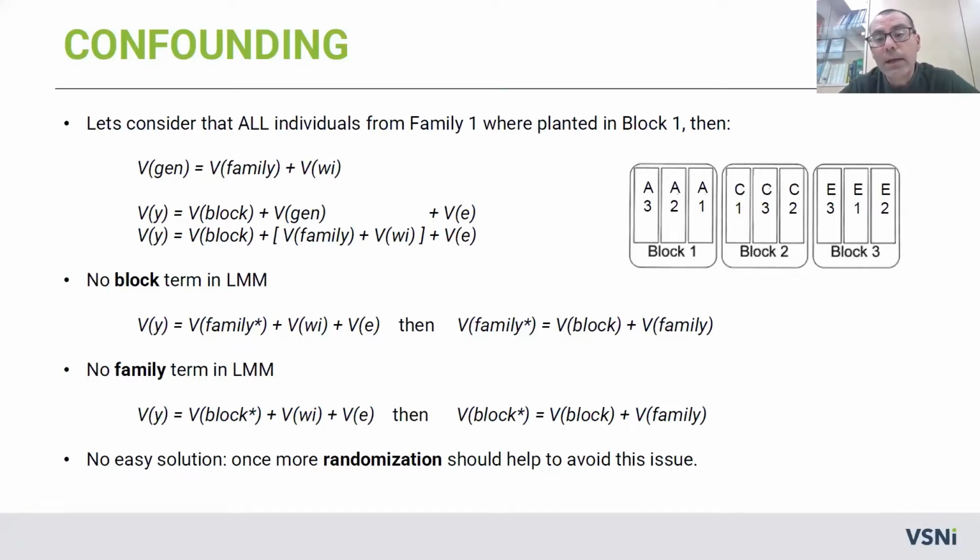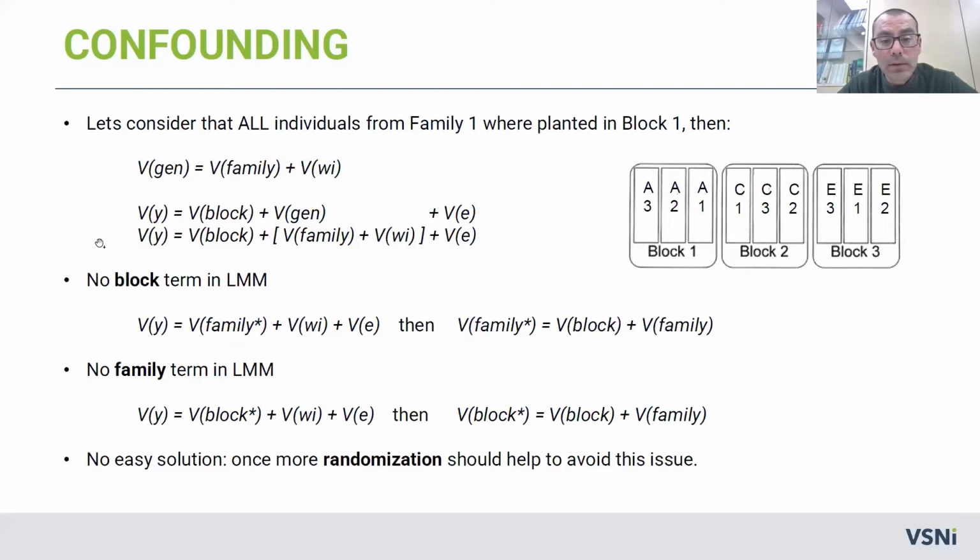As you can see here, the block is going to be confounded with the family effect. This is not an unusual case in some breeding trials, because sometimes you have the plants ready at different times, and they might be ready by size, and the size might be genetically related to the family, or you group them for, let's say, some maturation levels, and then you put them as family. Now, this creates a confounding with the different blocks.